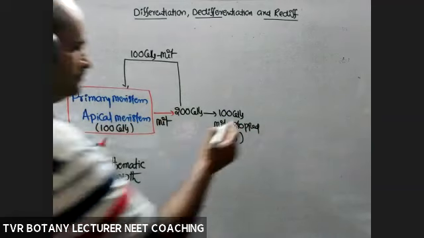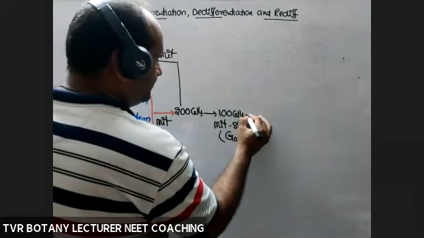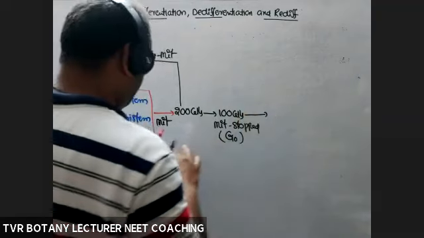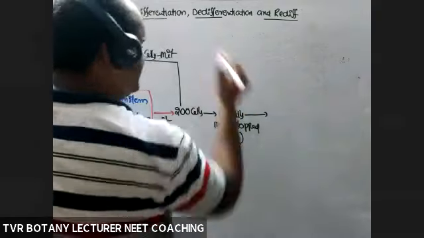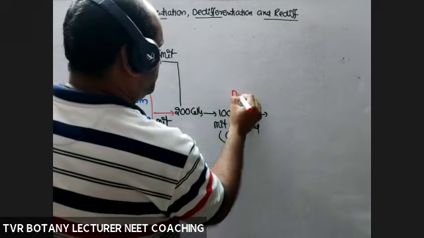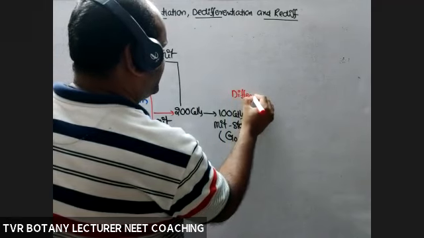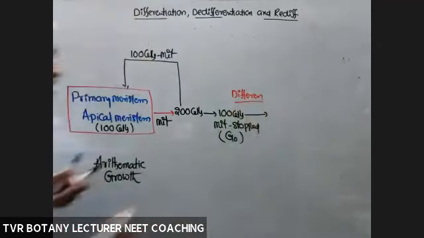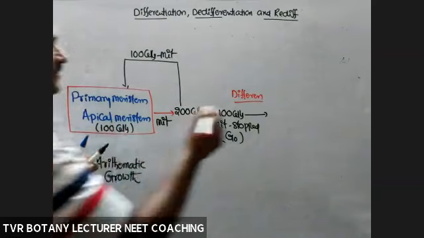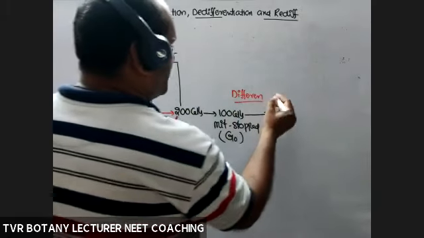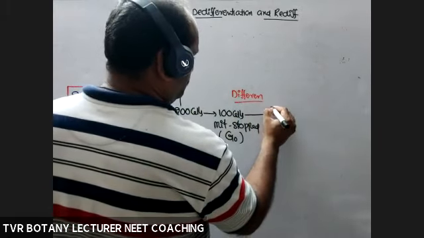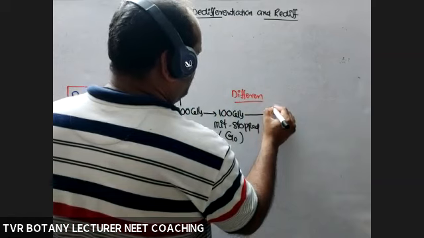Okay, now these cells are subjected to the first event, differentiation. So what is differentiation? Loss of cell division, either permanently or temporarily. That depends on the type of tissue. Leads to what? Formation of primary permanent tissues.